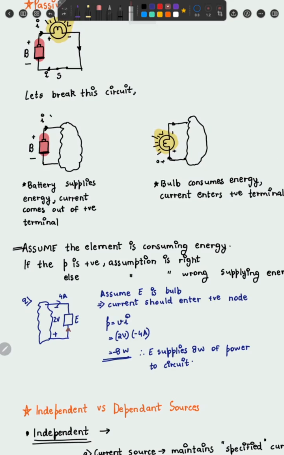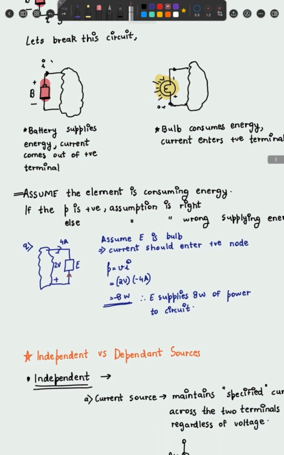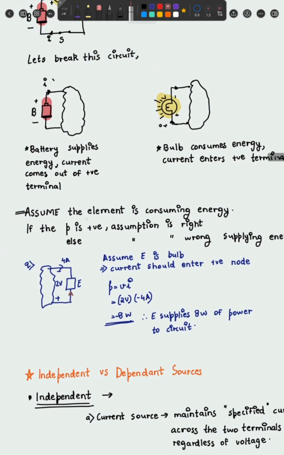So now what we do is we assume that we are dealing with a light bulb every time, because in a practical circuit there will be more light bulbs than batteries. This is a very important thing to understand. Okay, so this is passive sign convention. Now assume that the element is consuming energy. If your assumption is true, if your P is positive, your assumption is right, else your assumption is wrong.